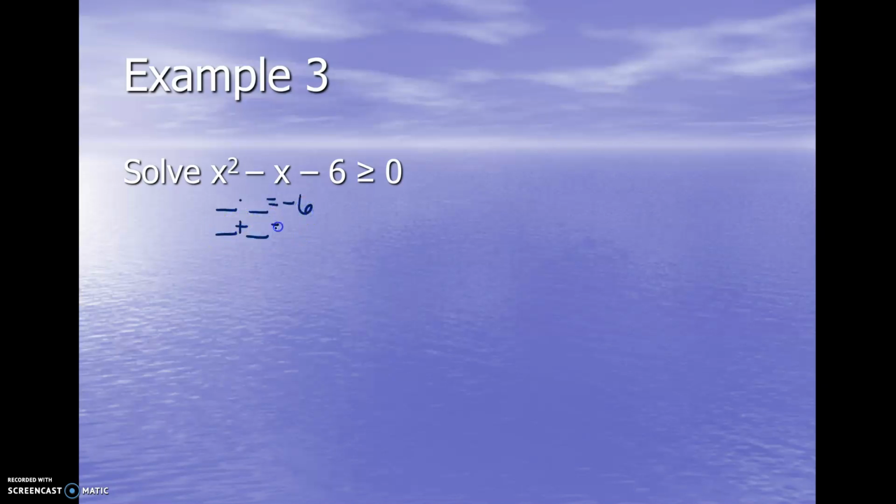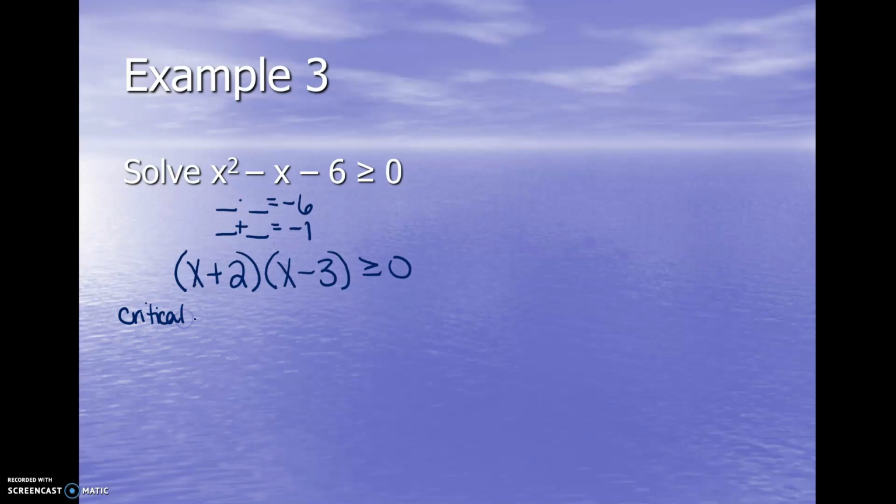Those same numbers need to add up to negative 1. x plus 2 and x minus 3 greater than or equal to 0. We're using the solving process to find the critical points, but we need to call them the critical points. The critical points for this problem are negative 2 and positive 3.